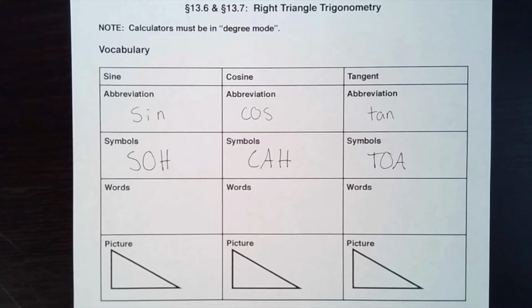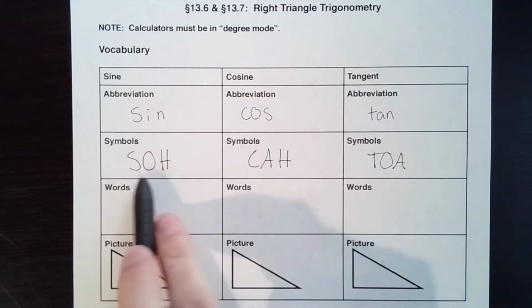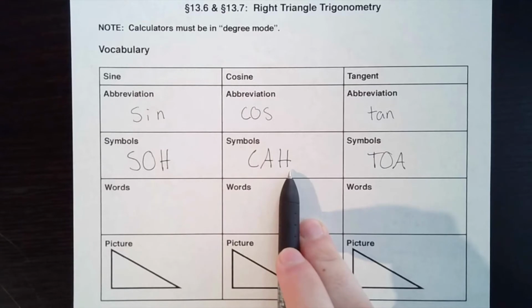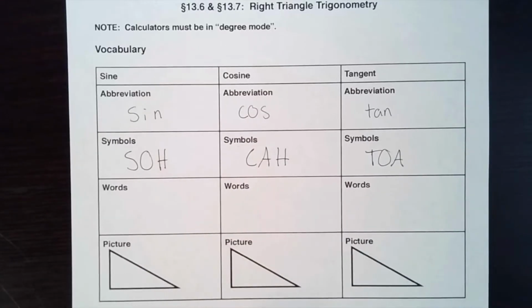So SOHCAHTOA. SOHCAHTOA is the word that we're going to use to refer to these. And the nice thing is that if you can get the word with the letters and everything else that goes with it, you're going to know how to set up the vast majority of these problems.